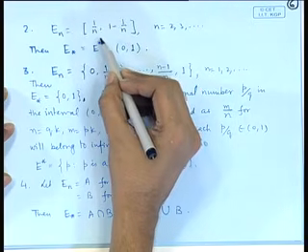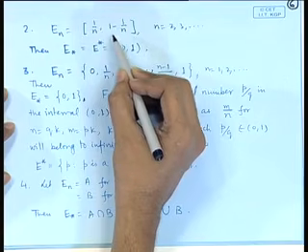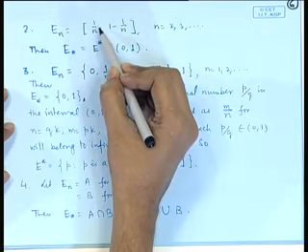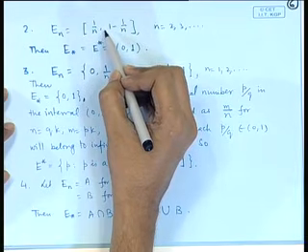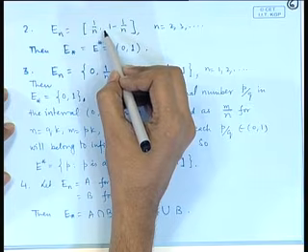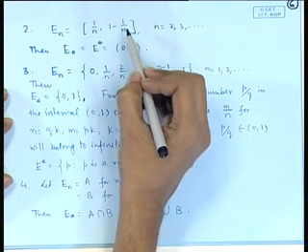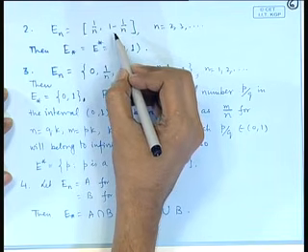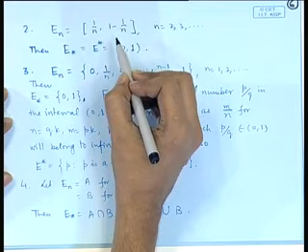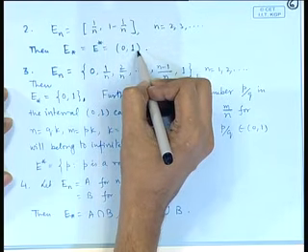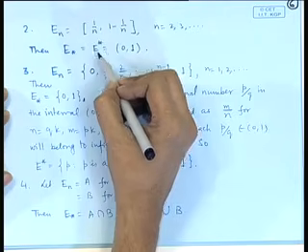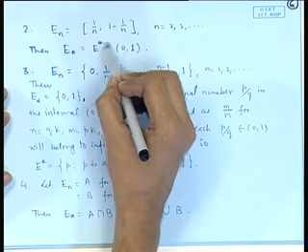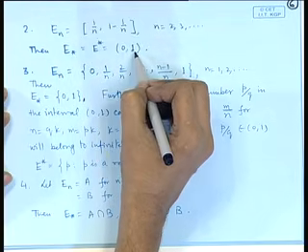Once again, if we utilize the argument as given in example 1, if we consider any element a between 0 and 1, then after a certain stage it will belong to the set E n for all n greater than or equal to some capital N. Therefore, once again E lower star, that is the limit infimum of this sequence, will be the interval 0 to 1, and naturally E upper star will also be 0 to 1 because it is a superset of E lower star in general and it cannot go beyond the interval 0 to 1.